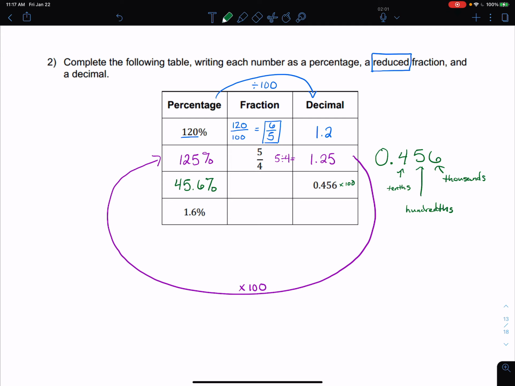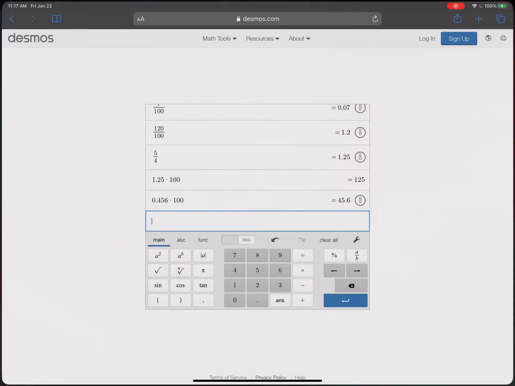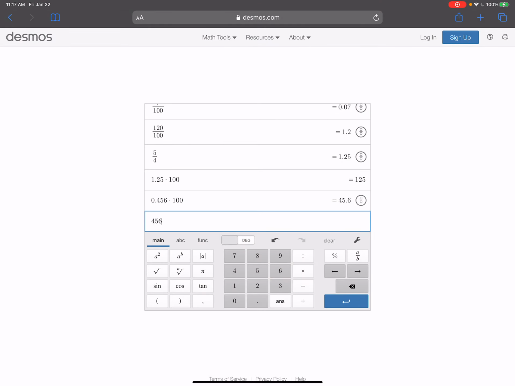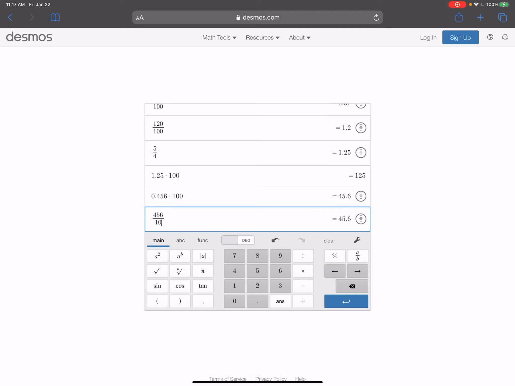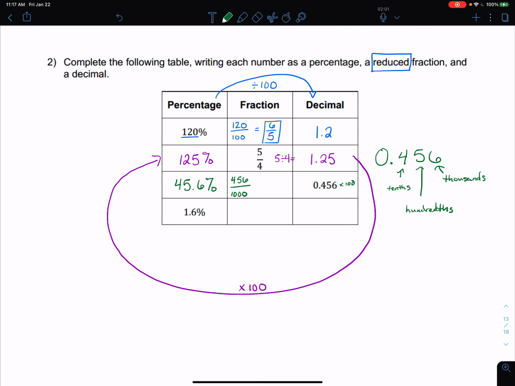So I can write this as 456 over 1,000. So just using those place values can help me figure out what's going on in that fraction form. And now if I simplify it, I have 456 divided by 1,000, and I'll hit the fraction button. It tells me in simplest form that's 57 over 125.